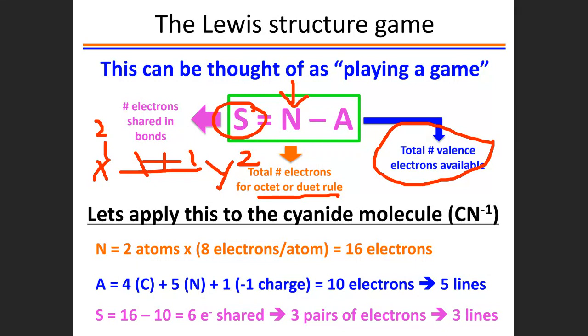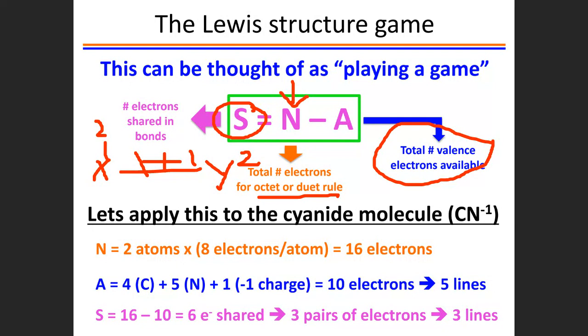It can be the first shell, the second shell, the third shell, and so on. It depends on the element. Like in case of hydrogen, only one, correct? So hydrogen's valence electron is one.